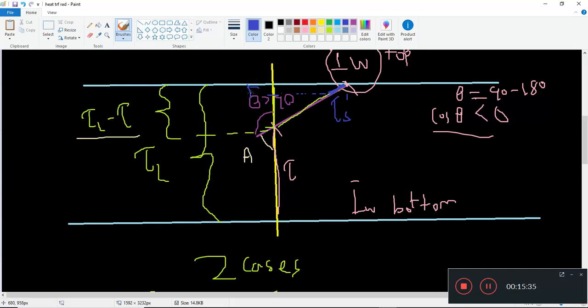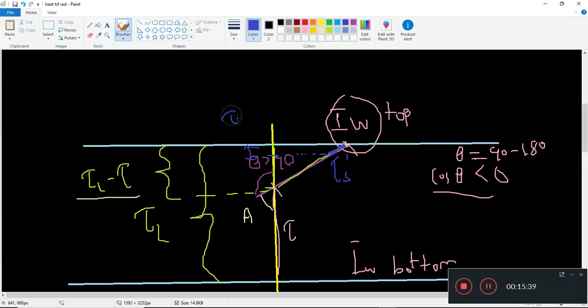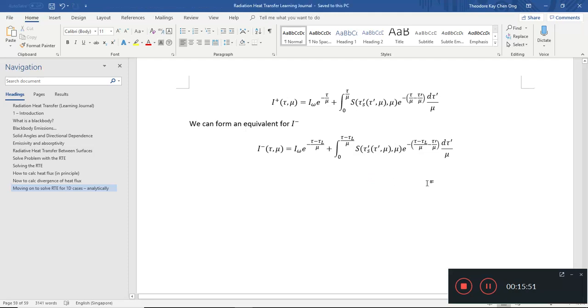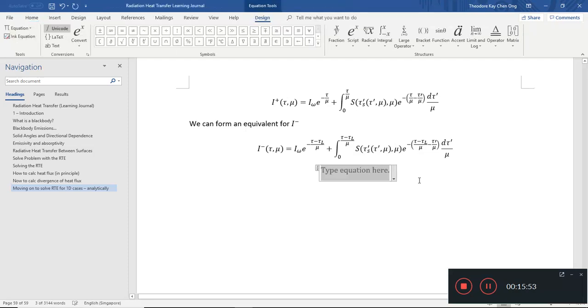And this distance here will be tau L minus tau prime. Yep, tau L minus tau prime. So what we have is tau prime will become tau L minus tau prime, right?